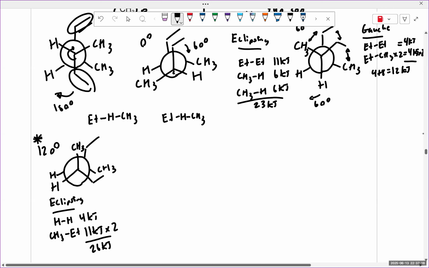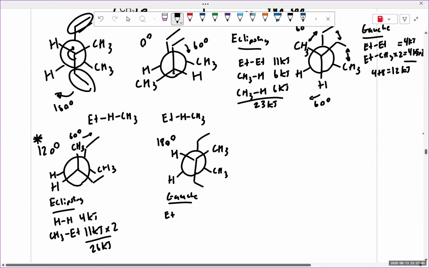Okay, let's look at what happens if we rotate our carbon-carbon bond another 60 degrees. This gives us the 180-degree Newman projection. From here now, we have some gauche interactions.